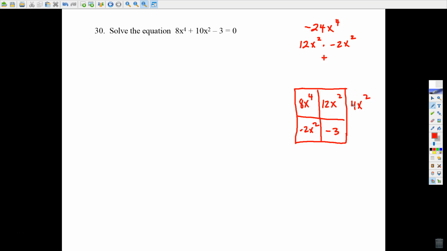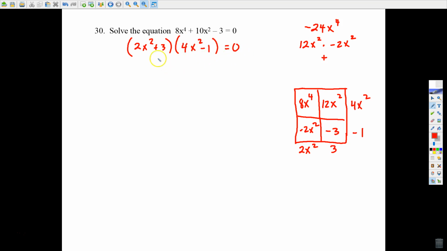So 4x squared would be the GCF of this top row of numbers. Down here would be minus 1. This way would be 2x squared, and this way would be 3. So that shows us the factoring: 2x squared plus 3 times 4x squared minus 1.